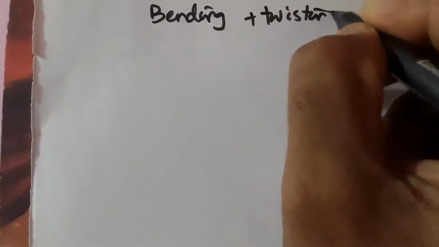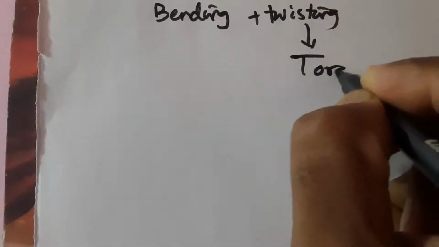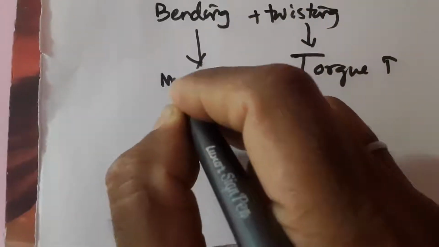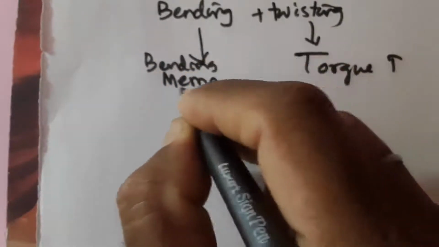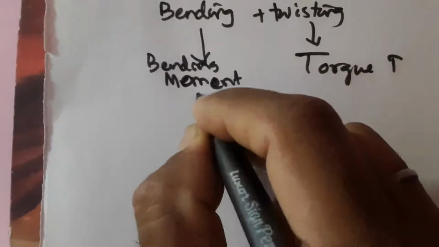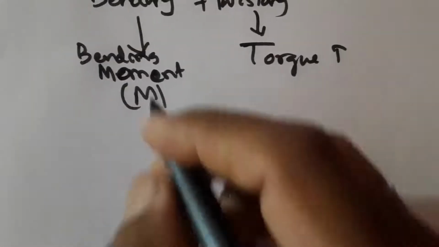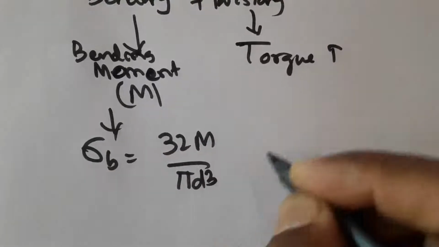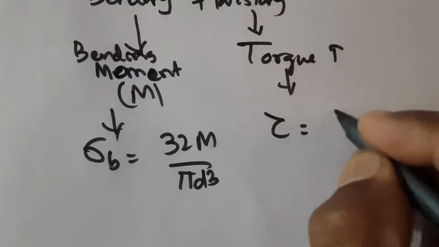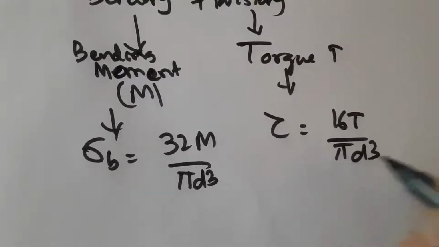So this is the case where you have combined bending and twisting. This is produced by the torque T, and this is produced by the bending moment M. This produces the normal stress sigma b equal to 32 M by pi d cubed, and the twisting produces a shear stress of 16 T by pi d cubed.